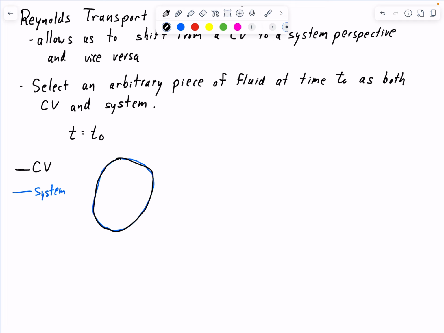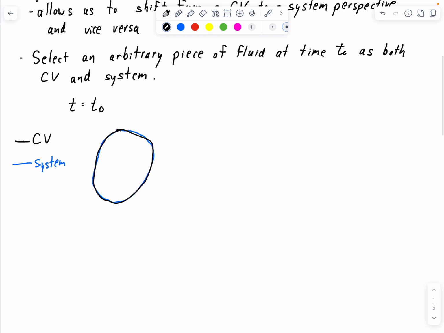So here I'm drawing an arbitrary shape to illustrate that these two are the same. And so we could say that at time t equal to t0, capital N of the system, again at t0, is equal to capital N of your control volume, again at time t0.